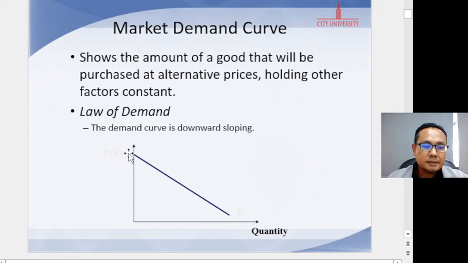Say the price increases from $10 to $30. The quantity demanded, from 60,000 jeans per year, will decrease to 20,000 jeans per year. That's the law of demand. The demand curve is downward sloping like this.